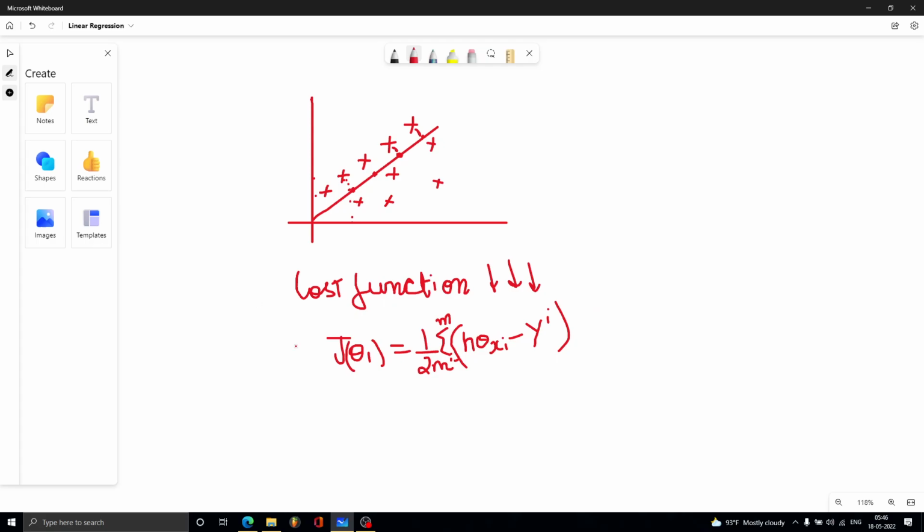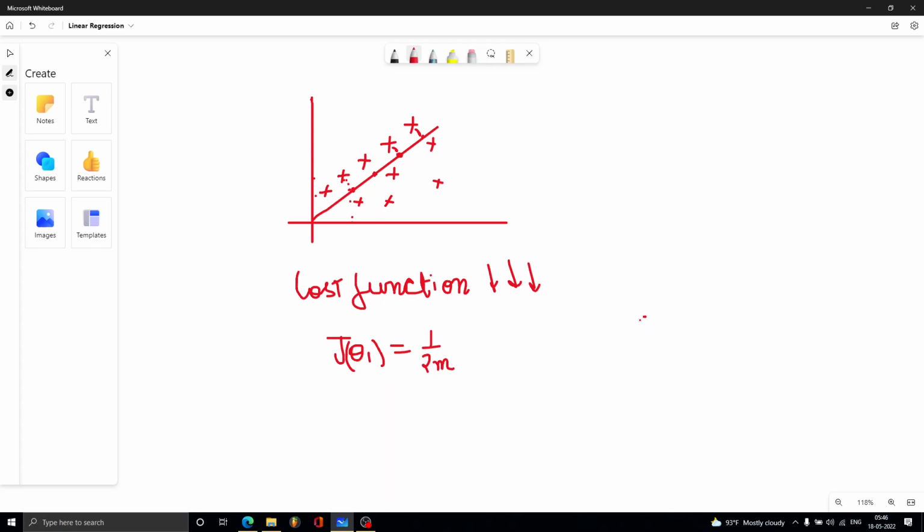Sorry, I have not written it properly, I'll write it down again. So my equation is 1 by 2m. Why 2m?